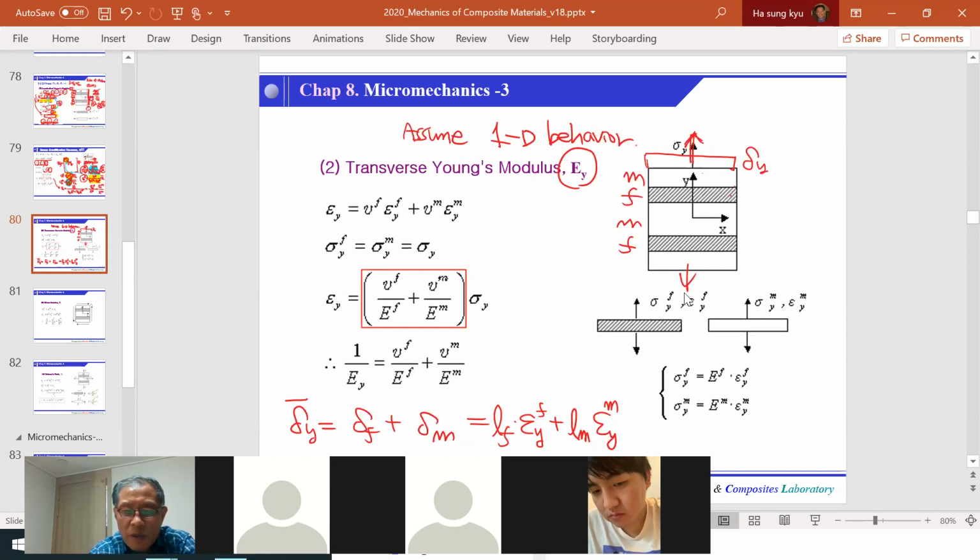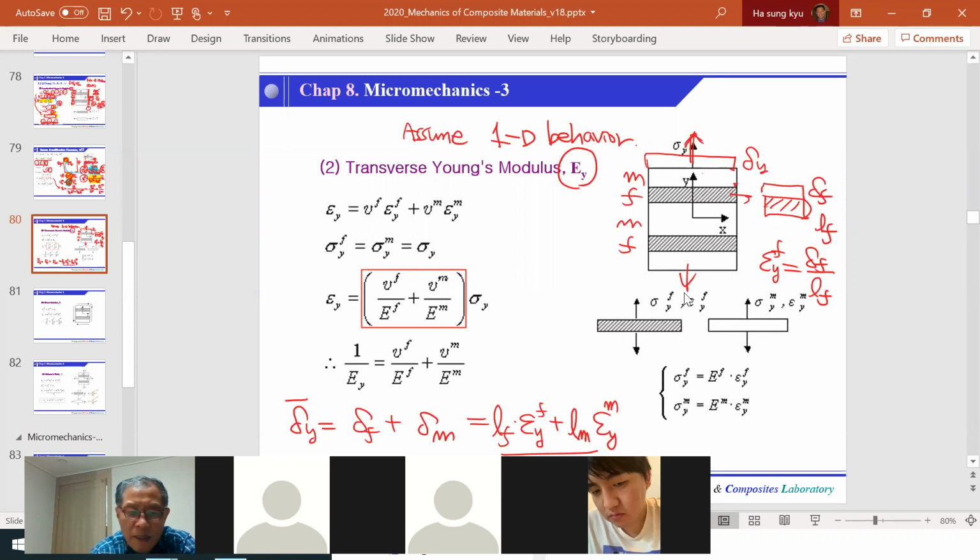So this one, for example, will expand, right? This is the fiber, and this length is given as the fiber length, and the y-directional strain is simply delta divided by LF. Same for the resin. So that's why we got this equation.